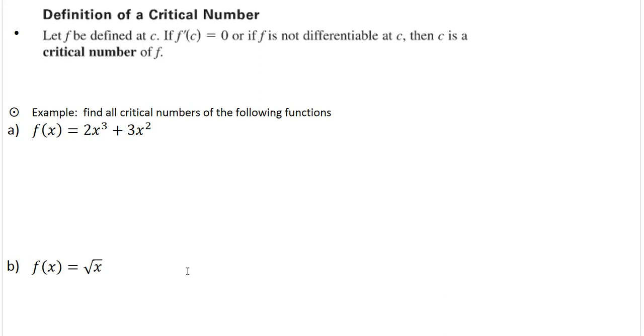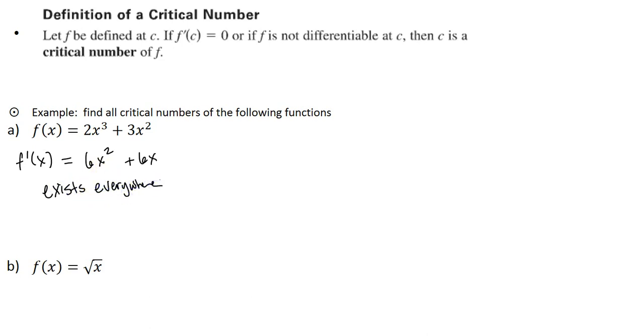The first thing that I want to start with is I want to find the derivative. So f prime of x here would be 6x squared plus 6x. Now this is a polynomial, so it exists everywhere. We don't have to worry about where the derivative does not exist. We only have to worry about where the derivative is equal to 0.